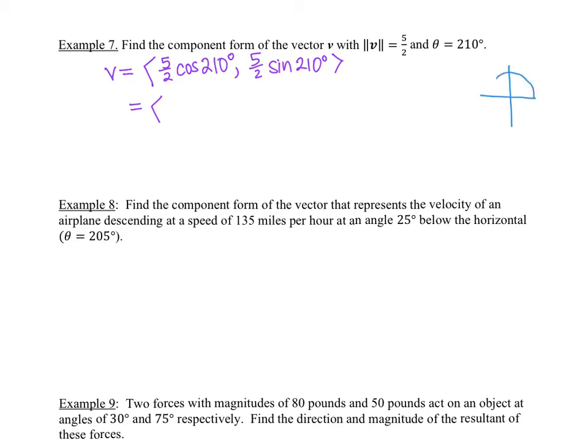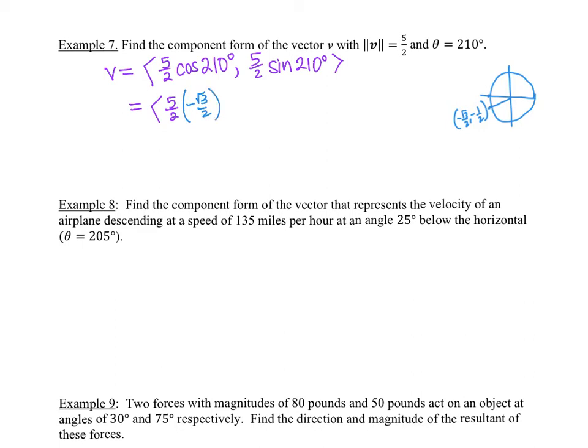But I know this is on the unit circle. This is 180, so 210 is going to be right here, which is negative root 3 over 2 comma negative 1/2.